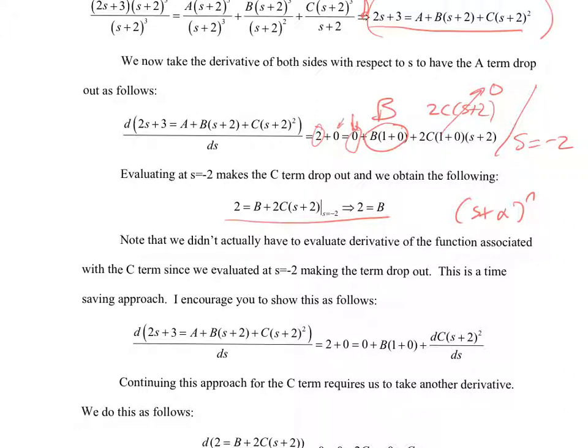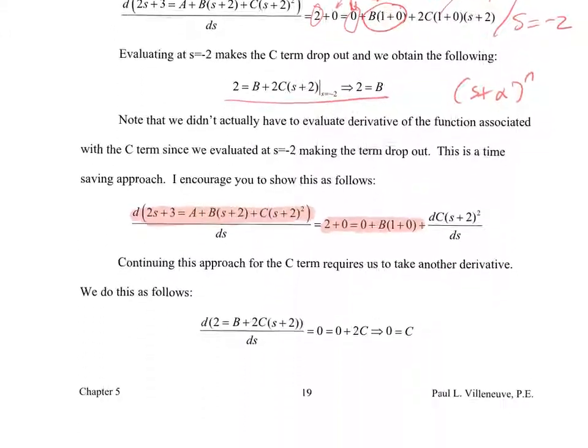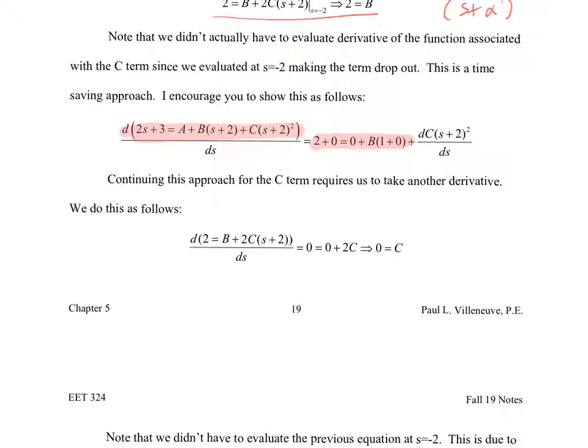You'll notice I multiplied both sides again by s plus 2 cubed, and I'm left with this expression right here. I take the first derivative of it, and here's what I get, which is great, but I want to get rid of the B term. So if I take the second derivative of this, now all I'm left with is this. So 2 times C equals 0, so C is equal to 0.